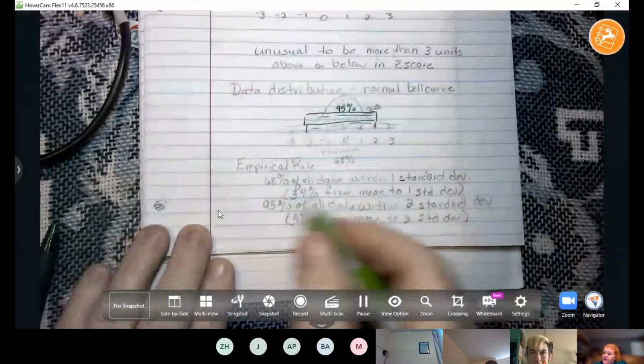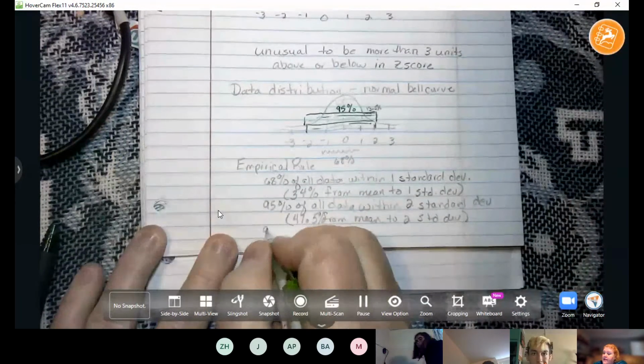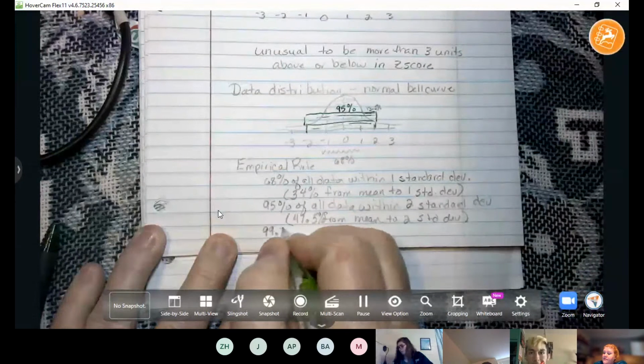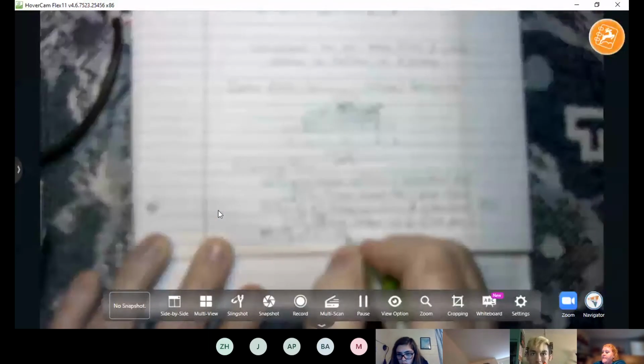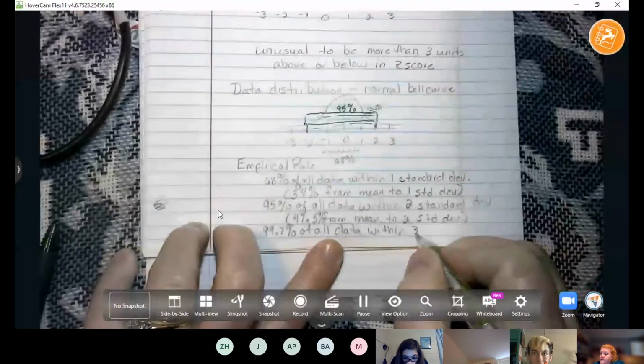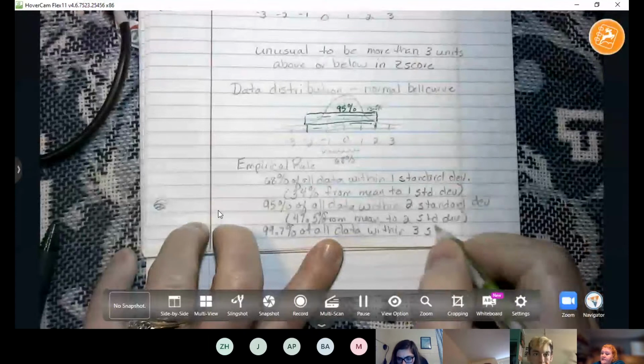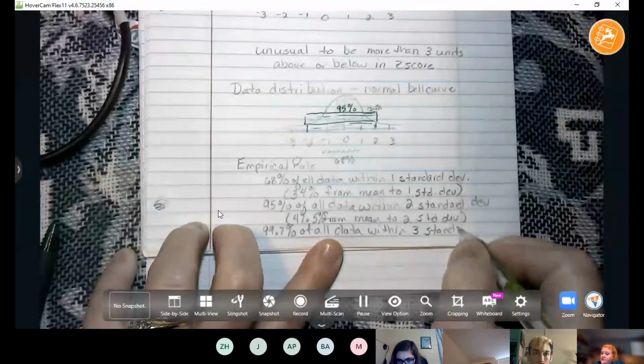The last rule is 99.7% of all data is within 3 standard deviations.